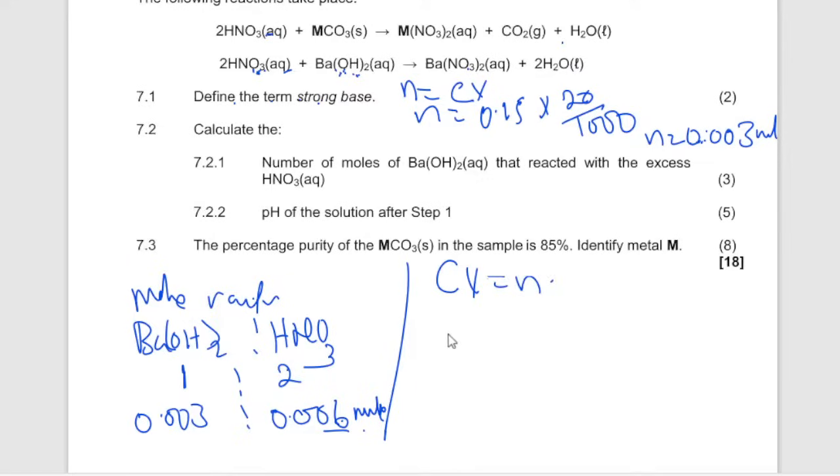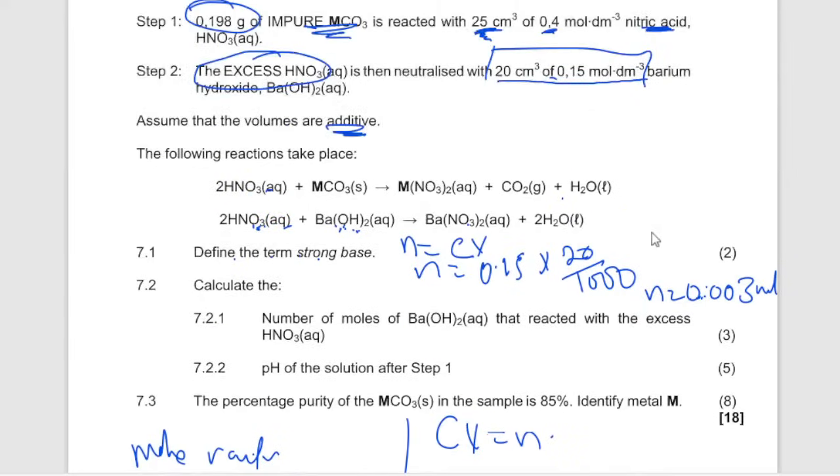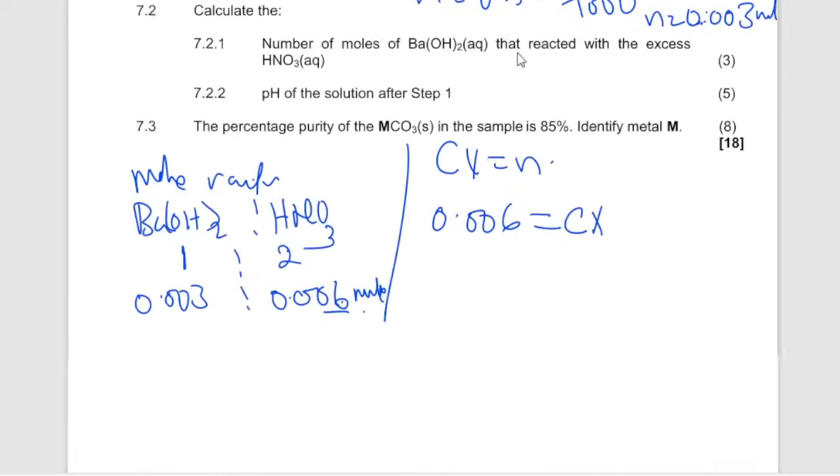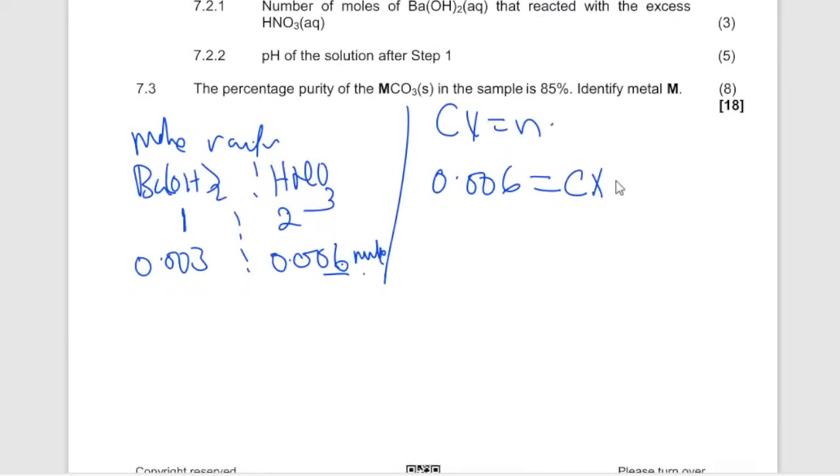So we have the number of moles, 0.006, is equal to concentration, which I don't know, times volume, which is 25, because we want to know how much is in the 25.